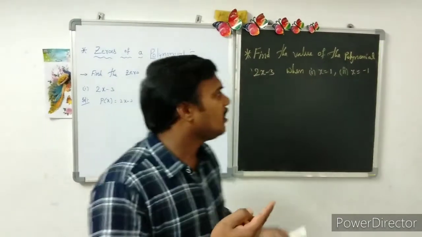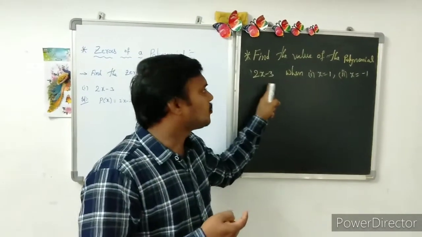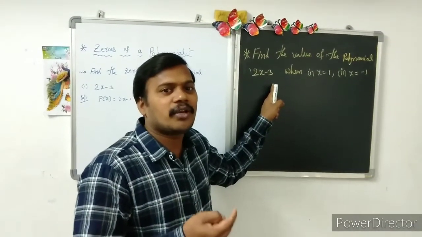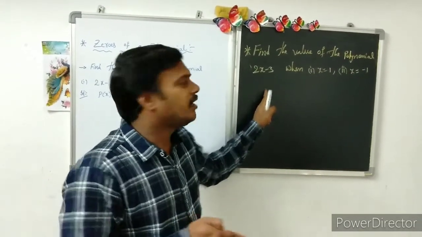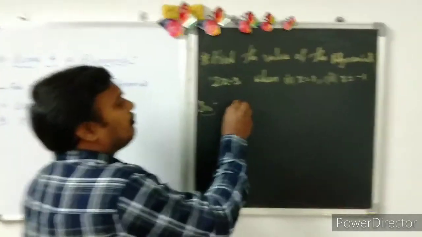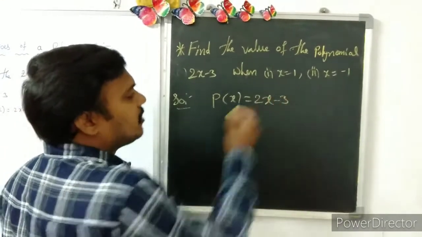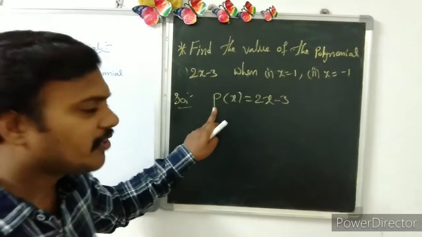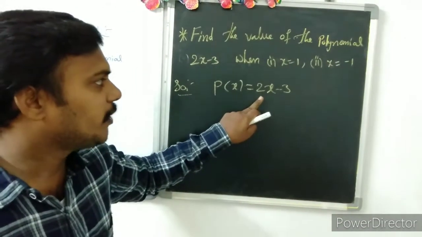For example, find the value of the polynomial 2x minus 3. Let p of x equal 2x minus 3. P of x means polynomial of x variable equals 2x minus 3.